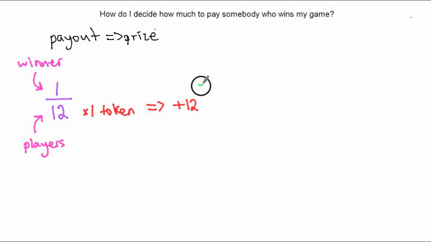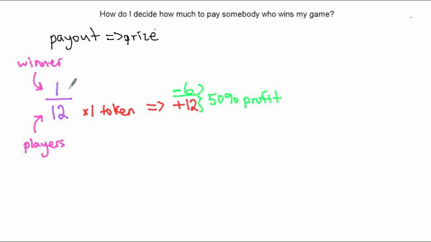Now, to give some structure to this, we're going to aim for a 50% profit. So what that means is what you pay out should be about 50% of what you earn. In this case, we know that 6 over 12 is the same as 50%. So since 6 over 12 is equal to 50%, this tells us that 6 is an appropriate amount of tokens to be paying out to the winners of my game.